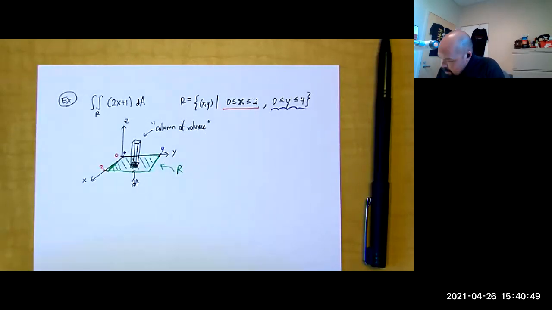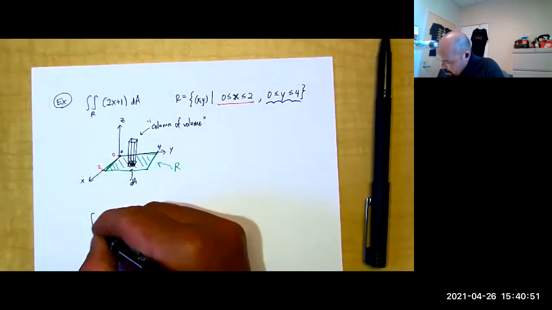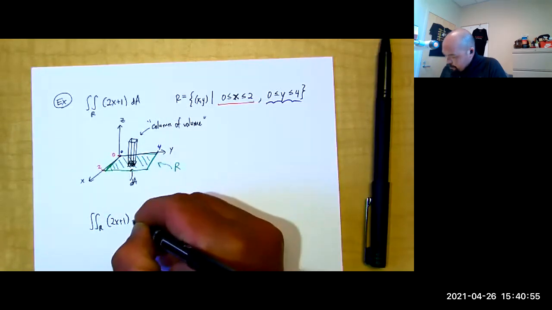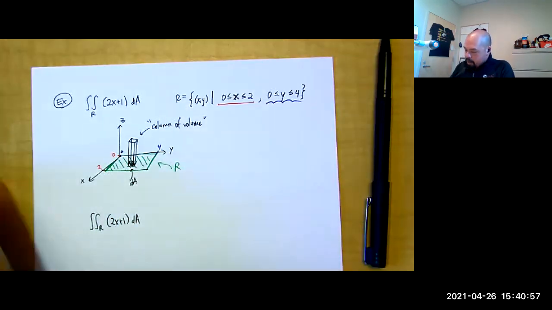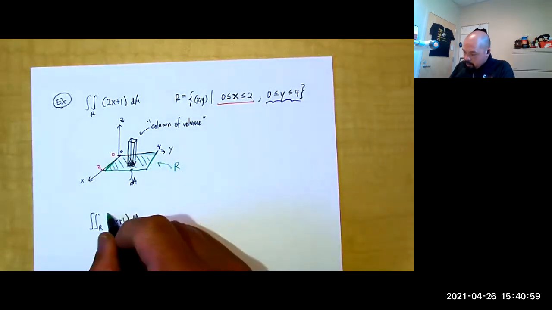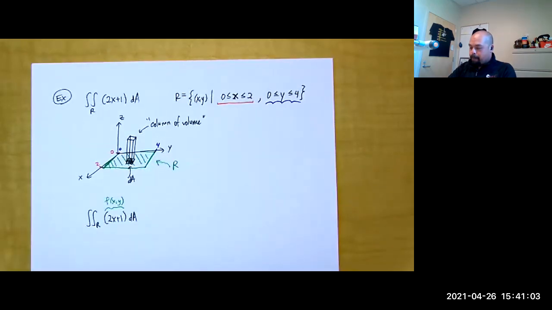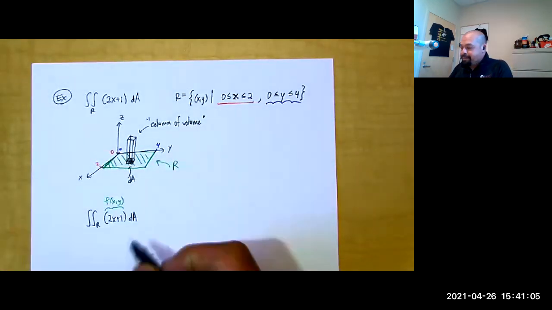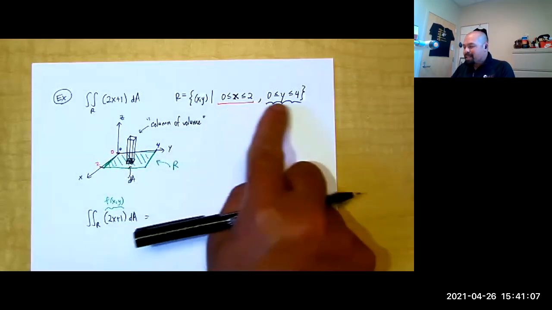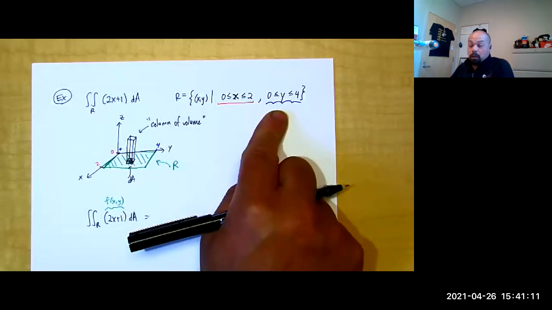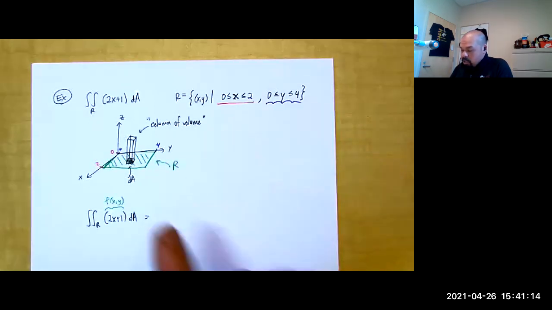Okay, all right, so now when that's said, this is my function. There's no dependence on y, but that's my height. And when we have a rectangular region where the x and y limits are just constants, it's not going to make a difference which order we use.